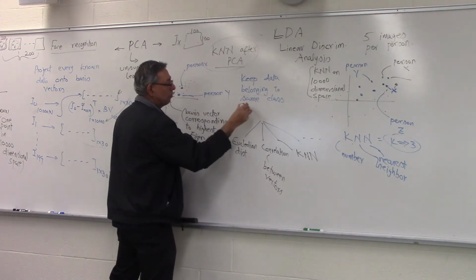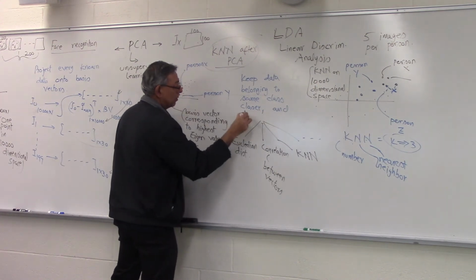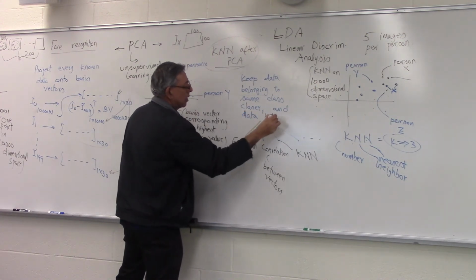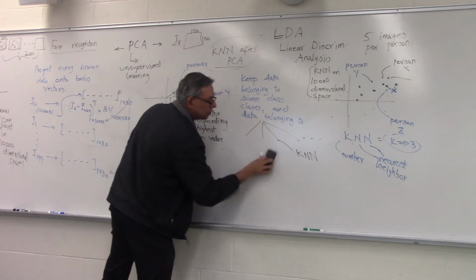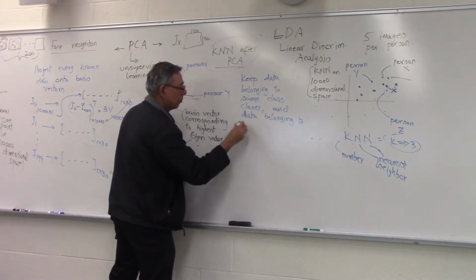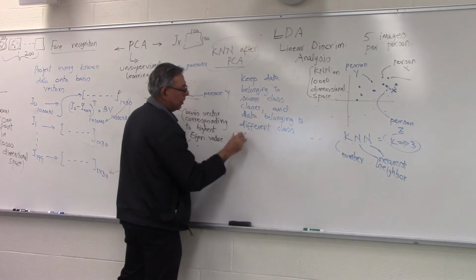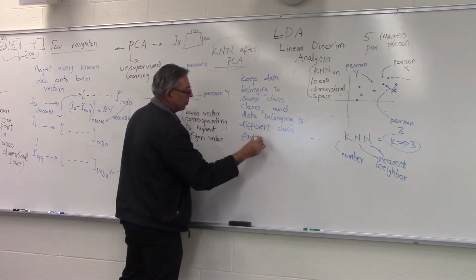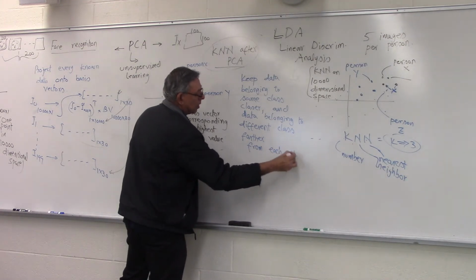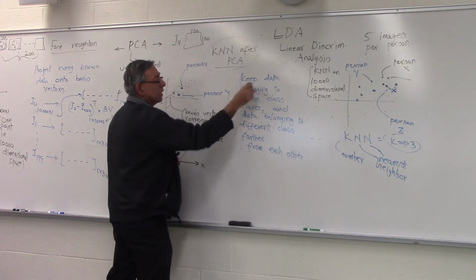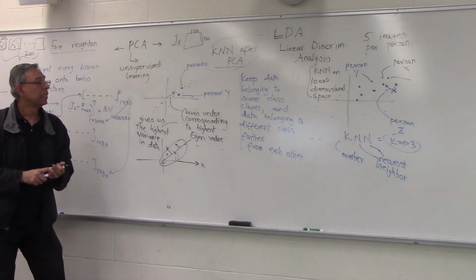Closer. And data belonging to different class, farther from each other. And PCA does not do this. PCA makes everybody farther from each other, right?